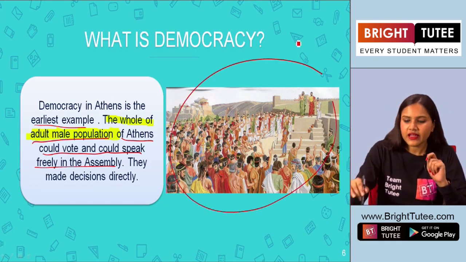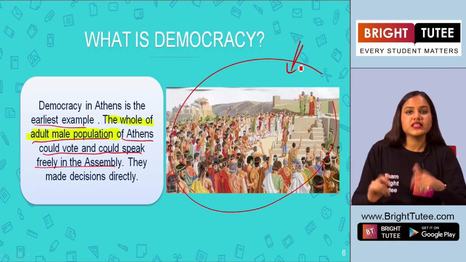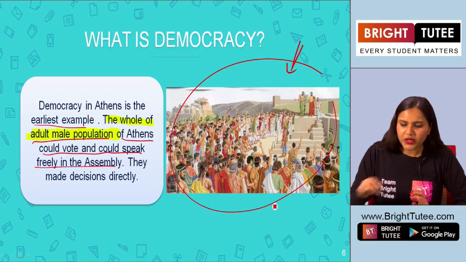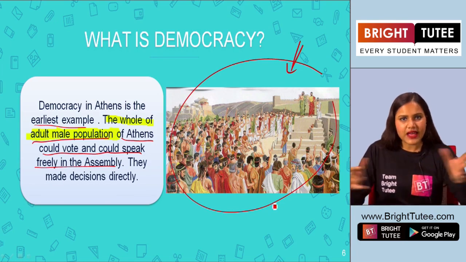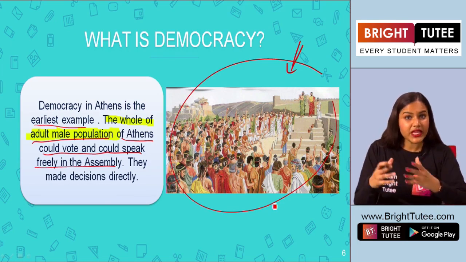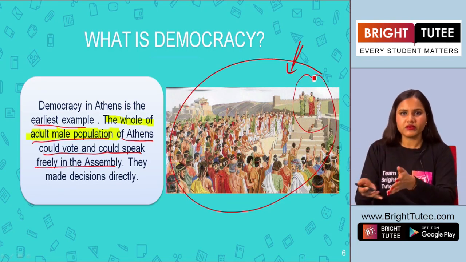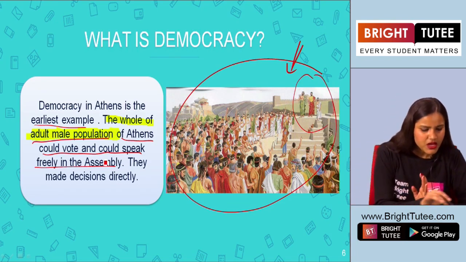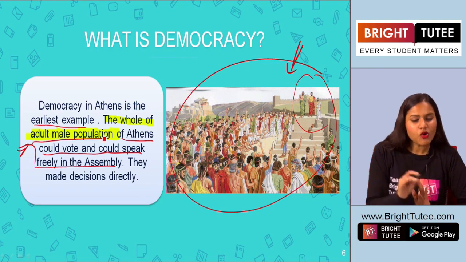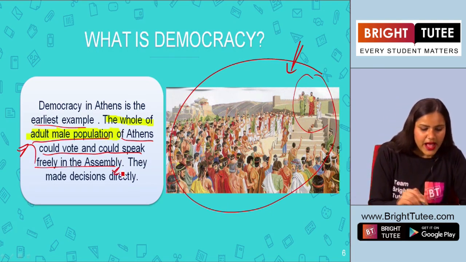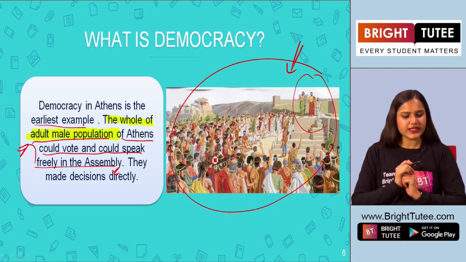As you can see, it has been depicted in this illustration. Now this is an illustration showing the people of Athens, right? They have gathered together, they have formed the assembly and they are voting on a particular topic. Okay, this is the illustration here. So it is said that the whole of the adult male population in Athens could vote and could speak freely in the assembly.